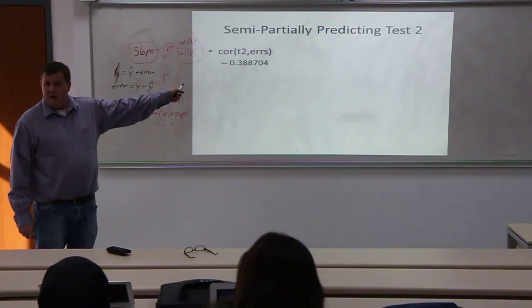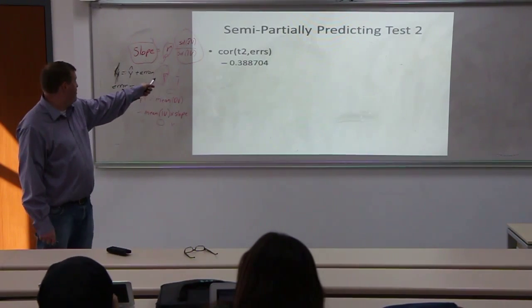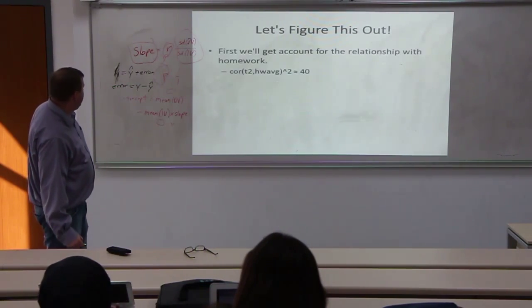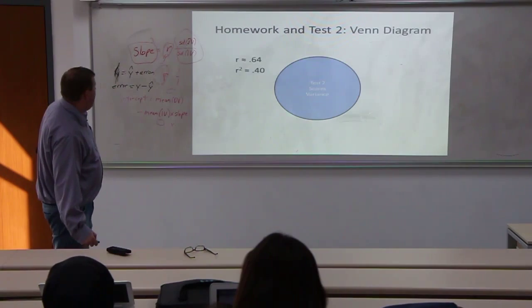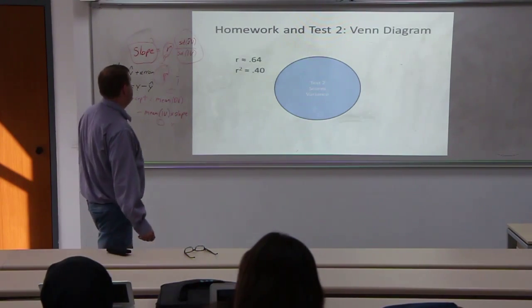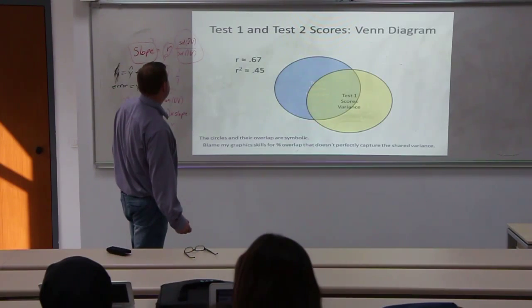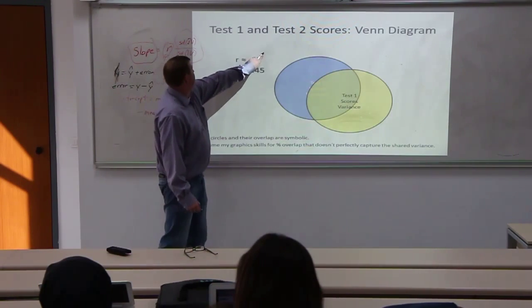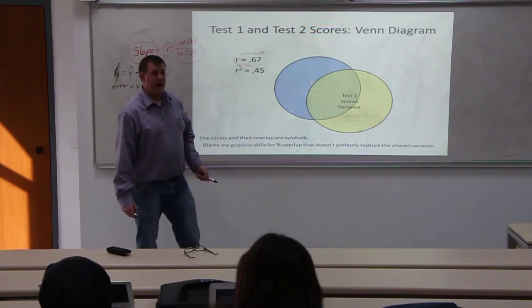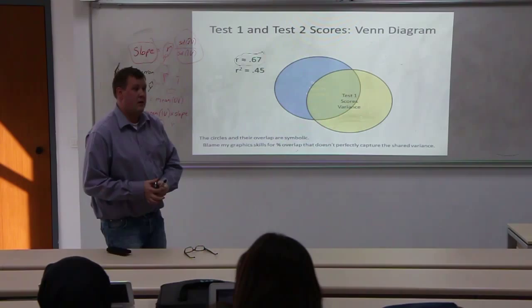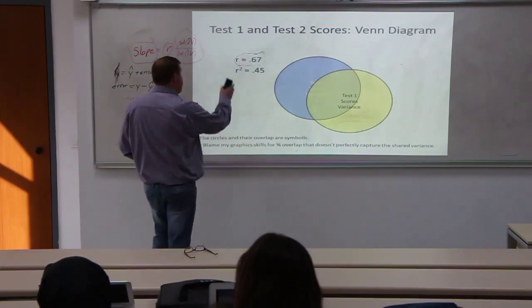This is smaller than the previous correlation, right? The previous correlation was like 0.6 something. If we go all the way back. That one. Test 1 and test 2. So originally we had this, right?